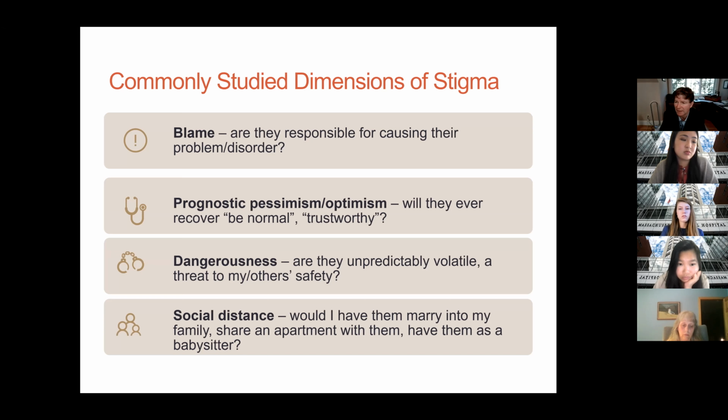Can they remit and live and function normally in society? Are they therefore dangerous? Are they dangerous, and should they be socially excluded because of that unpredictability, volatility, and perceived danger? So these are commonly studied dimensions of stigma regarding different social problems, including mental illness and addiction.